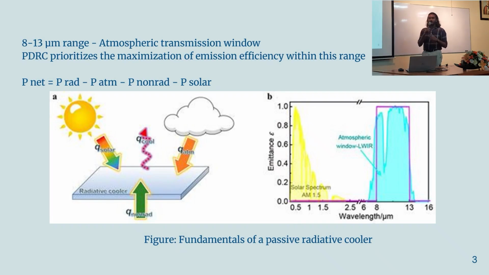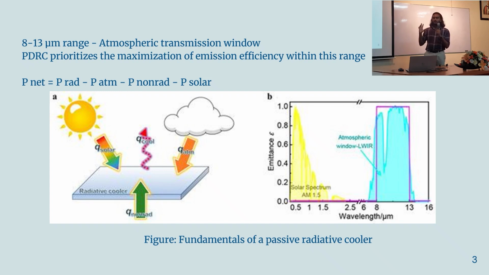The 8 to 13 micrometer range of the electromagnetic spectrum is very useful here, because radiation in that wavelength would exit the Earth's atmosphere without being absorbed again. So if an object emits a lot of radiation within that region, it will not warm the immediate surroundings, and it will also not be absorbed by the atmosphere.